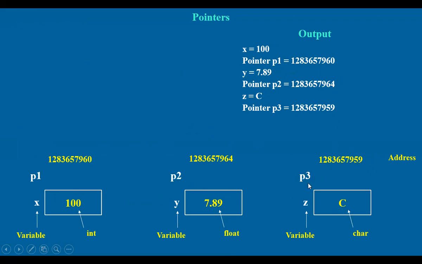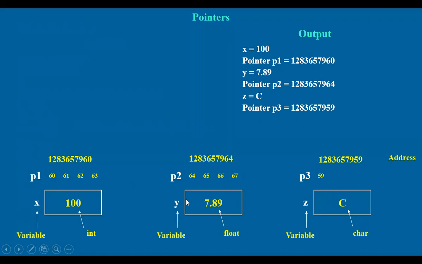Now, if you observe, it has taken only one byte of memory, that is 59, only one byte. Second, from 60 to 63, that is 60, 61, 62, 63, four bytes of memory for an integer. Again, four bytes of memory starting from 64 are allocated to a float.